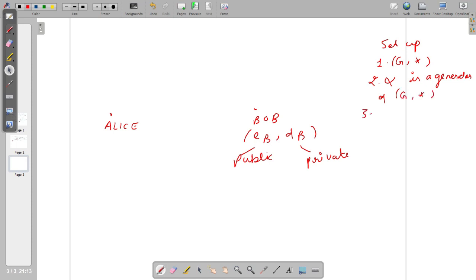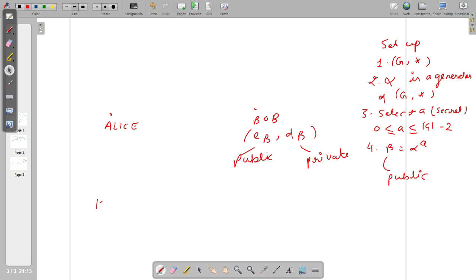Bob will select an A. It is going to be secret, the private key for Bob, and this A should lie between 0 and G minus 2. Now beta is equal to alpha to the power A will be calculated, and this beta is the public key of Bob.